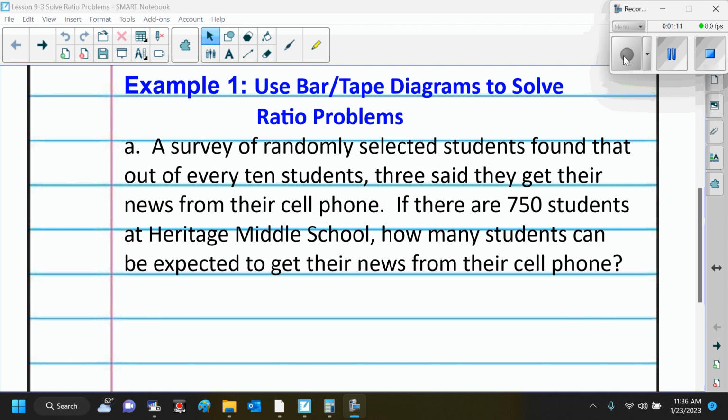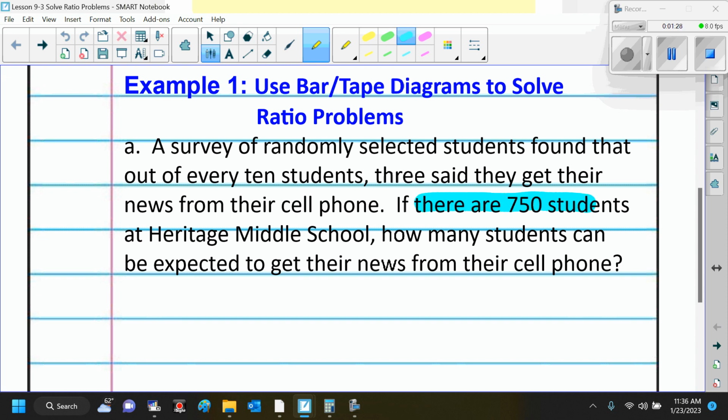So the first thing we want to do is look at what's important here. So what's our important information? There are 750 students at Heritage Middle School, okay? So there are 750 total students. What else is important here? Right.